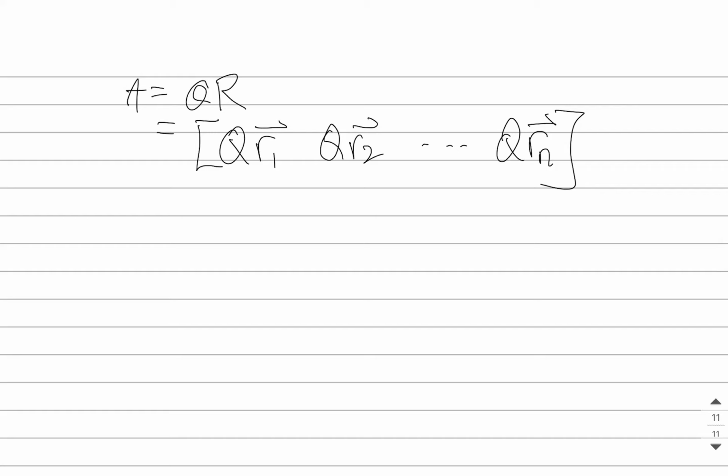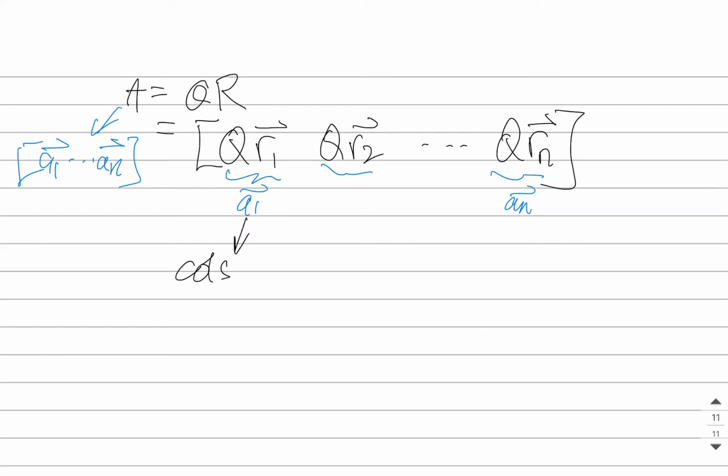Now, another way of writing this kind of stuff is by thinking, look, I could write this matrix product as QR1, QR2, etc. This has to be equivalent to the first vector in A all the way down to the last vector in A. That's another way of writing these things, right? And why is that important?